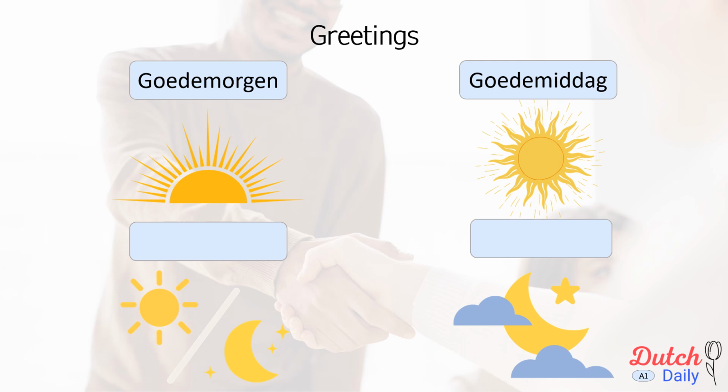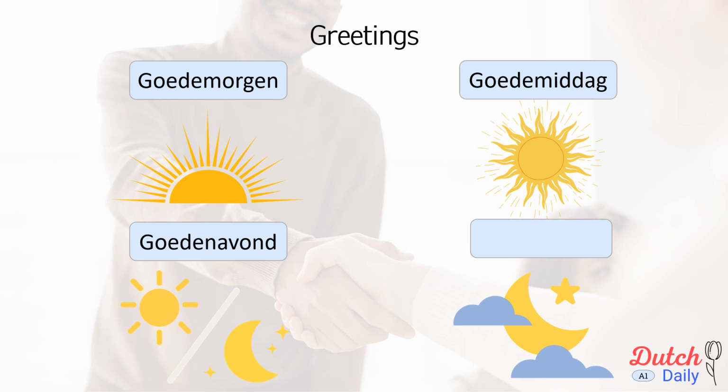Then the middag has passed and it becomes evening. But how do you greet somebody in Dutch in the evening? By now you're probably aware that we always use goede. So it also starts with goede and ends with avond.